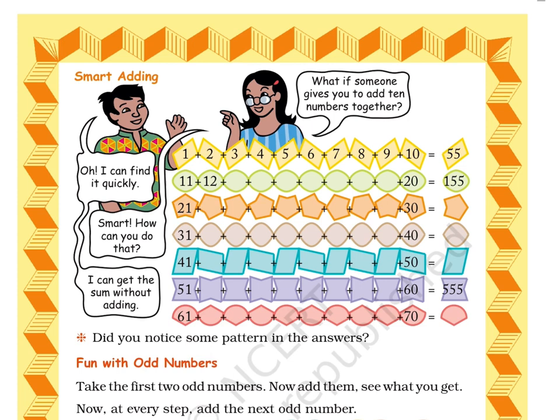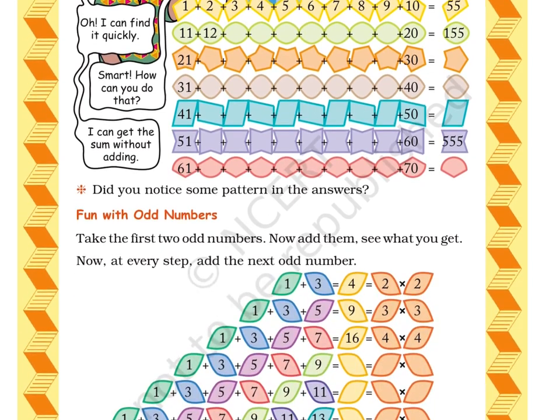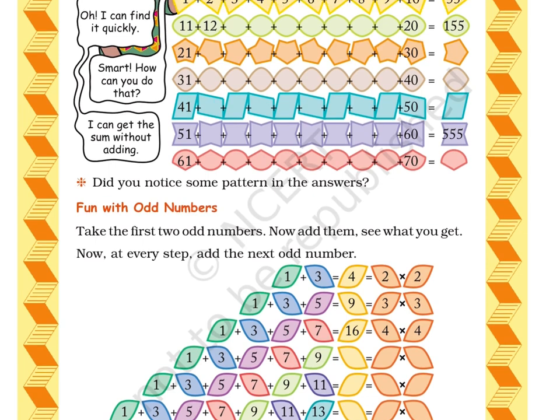The sixth row says 51 plus dash, and so on, plus 60 is equal to 555. The seventh row says 61 plus dash, and so on, plus 70 is equal to dash. Did you notice some pattern in the answers?